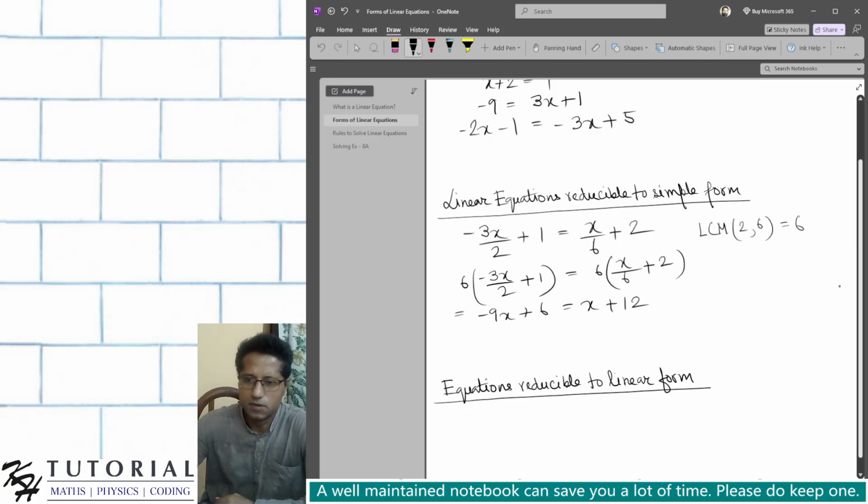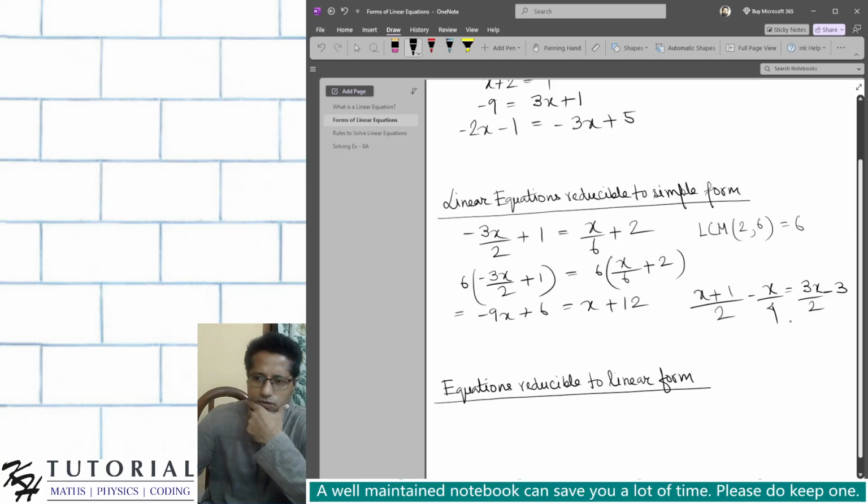Another example of a linear equation reducible to simple form can be like x plus 1 by 2 minus x by 4 is equal to 3x by 2 minus 3. As you can see, there are three rational terms.